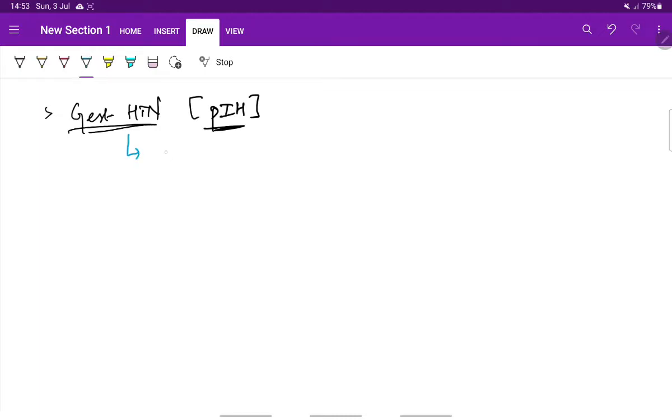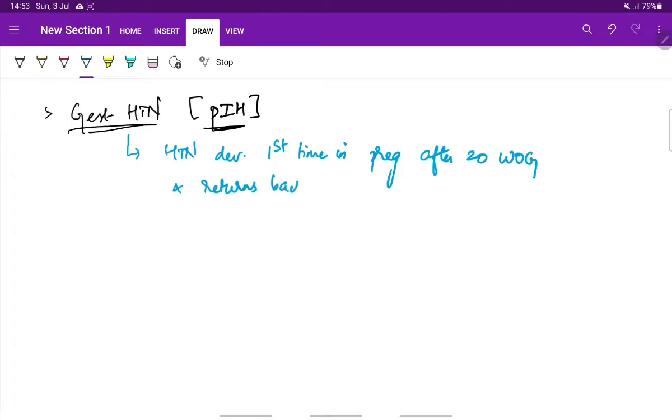It is defined as hypertension which is developing first time in pregnancy after 20 weeks of gestation and returns back to normal within 12 weeks postpartum. This is the definition for gestational hypertension.